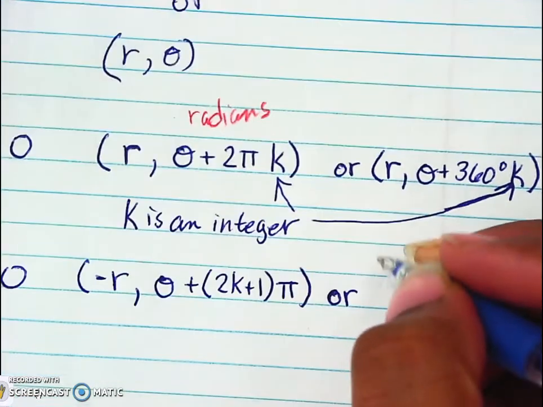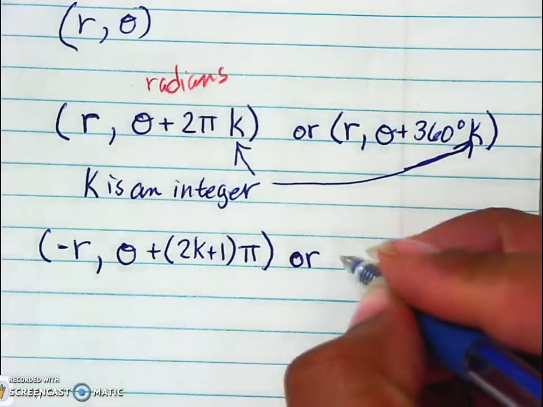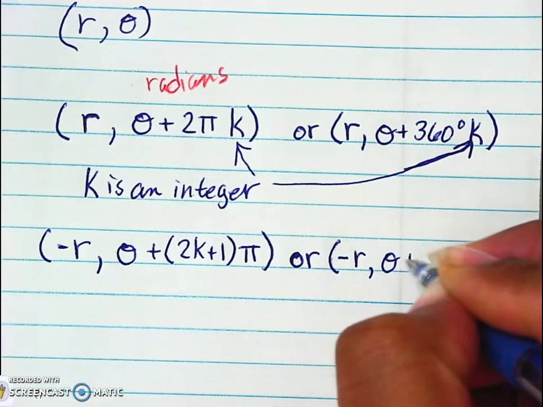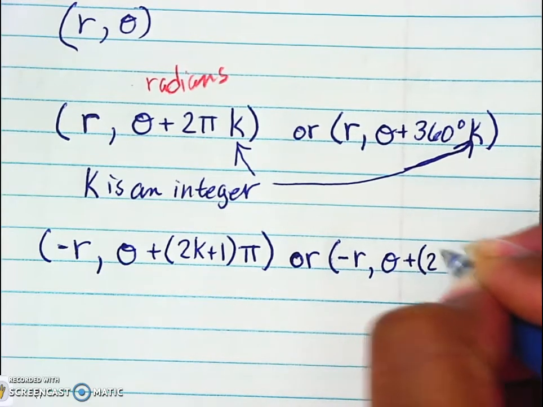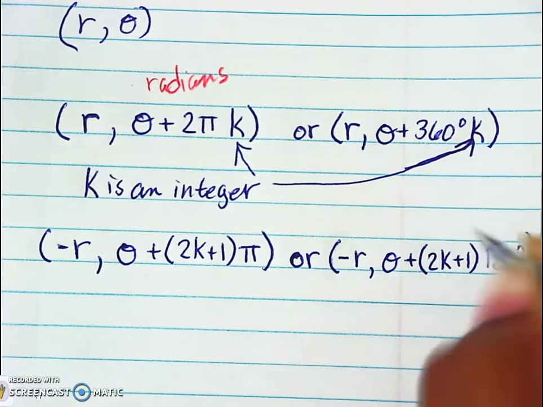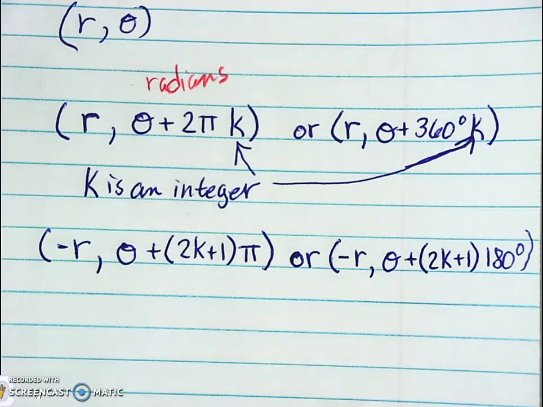If you move it backwards, you're changing it by 180 degrees. The same thing happens here for degrees, and again you're doing this because of the 180 degrees, and it depends on whether you're doing it the second time around, third time around, whatever.